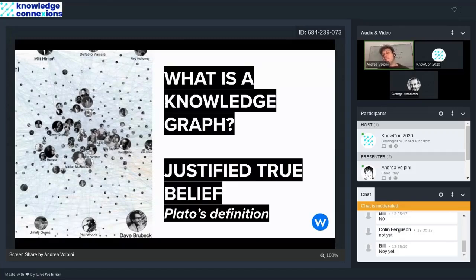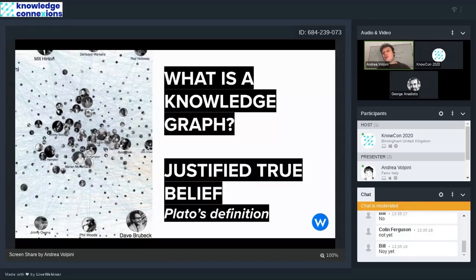So the simple explanation of what a knowledge graph is: everything that you believe to be true, or someone believes to be true, becomes knowledge. It becomes a fact, and that's exactly what we see, especially when we look at very large graphs like the Google Knowledge Graph. Whatever is said there, people accept it to be the truth, and therefore it produces knowledge.